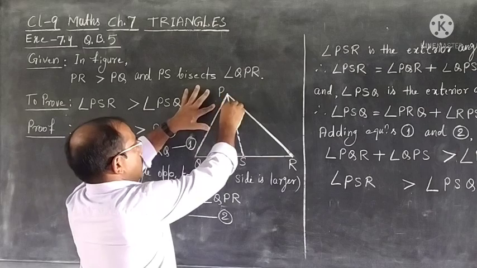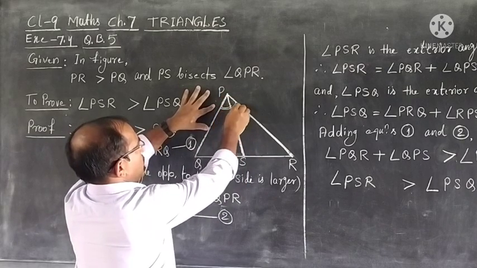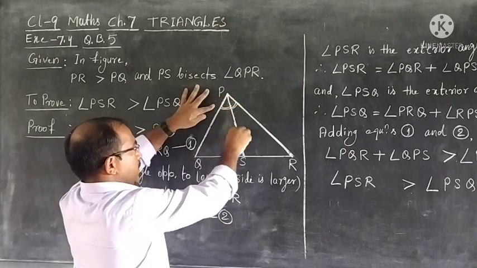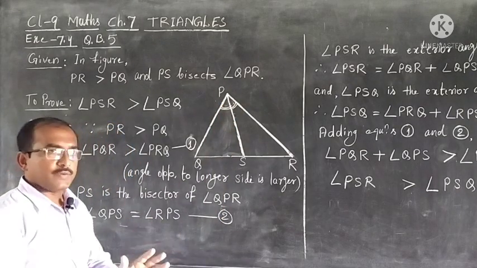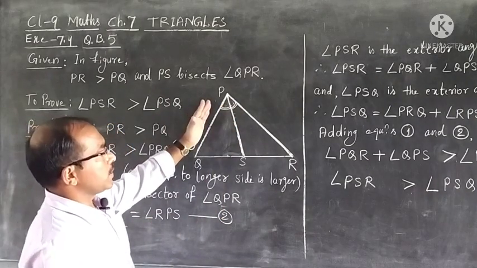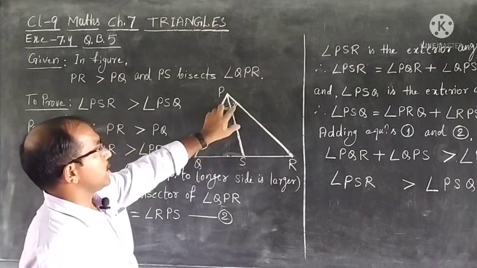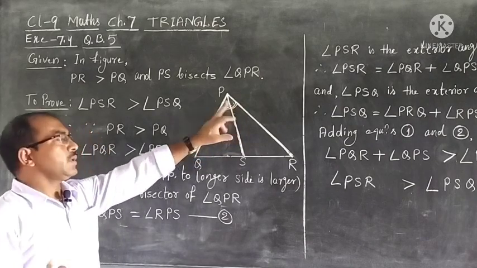Then this line PS is bisecting this angle QPR, that means these 2 angles will be equal. We need to remember what is given in the question. PQ is the smaller side, PR is the longer side. PS is bisecting this angle, so these 2 will be half, I mean equal.